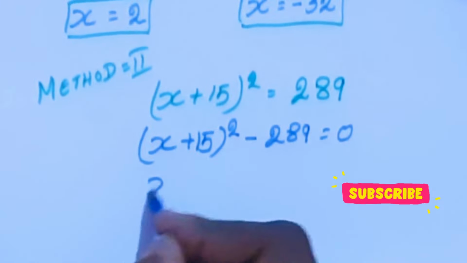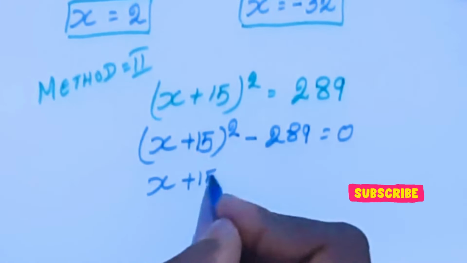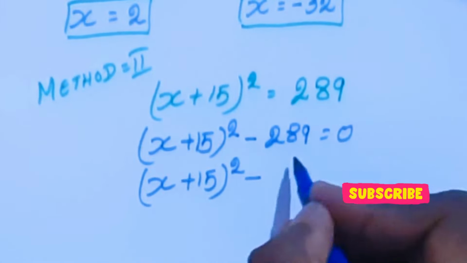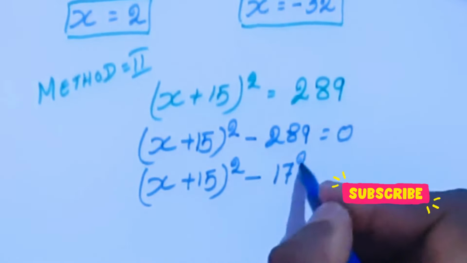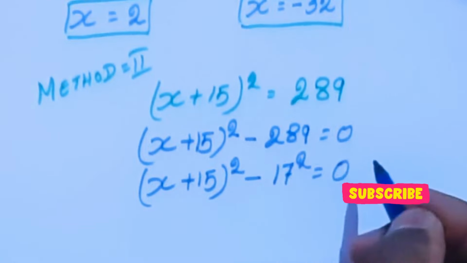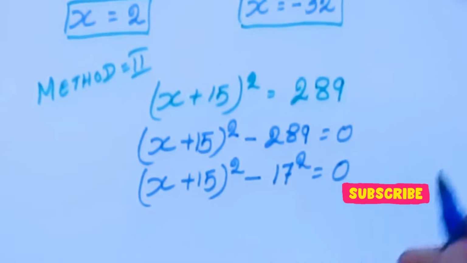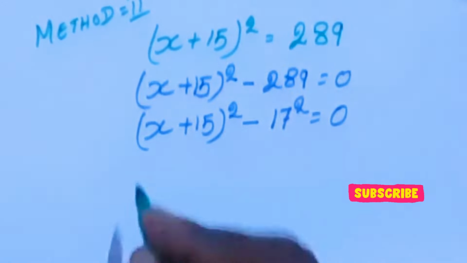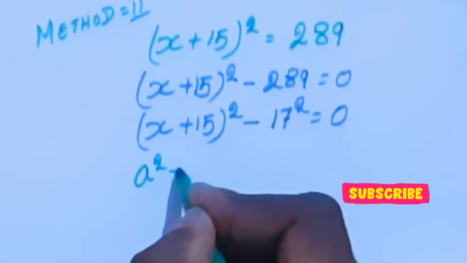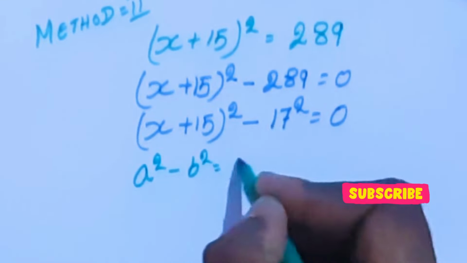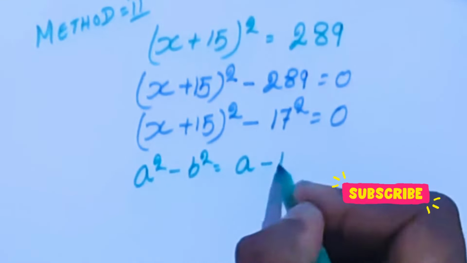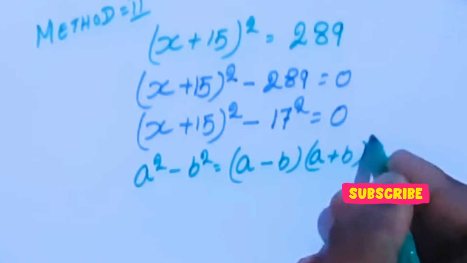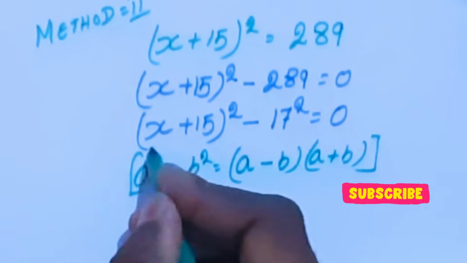Now (x + 15)² − 17² = 0. Now we are going to apply this algebra formula here, that is a² − b² = (a − b)(a + b). This algebra formula we are going to apply here.